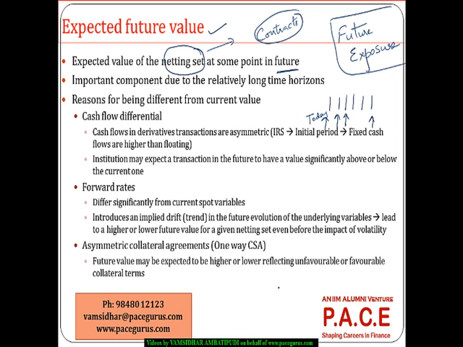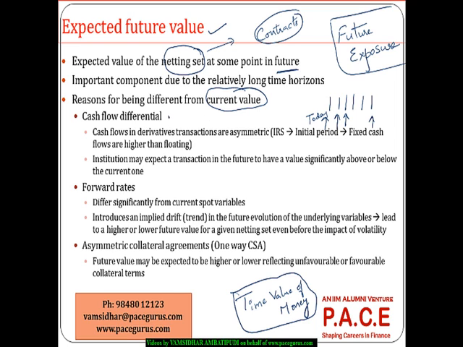It's not a simple adjustment for time value of money, because various underlying variables can change in various fashions. And why do you think that number would be drastically different from current value?